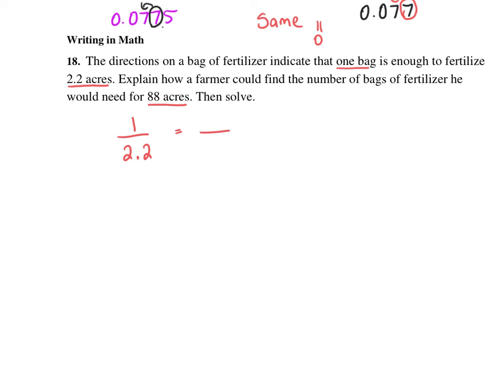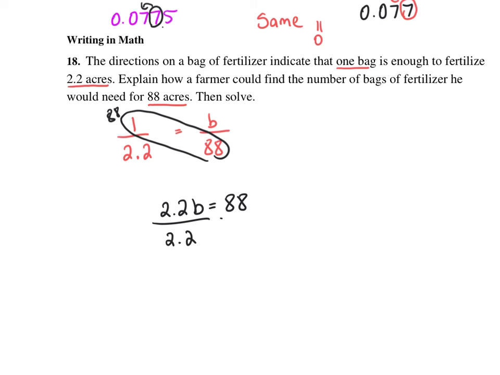So you could have shown this with your math work, or you could have written it, right? And I'll put a B for bags there by showing me your cross multiplying. And then you're dividing 2.2 times a certain number of bags.